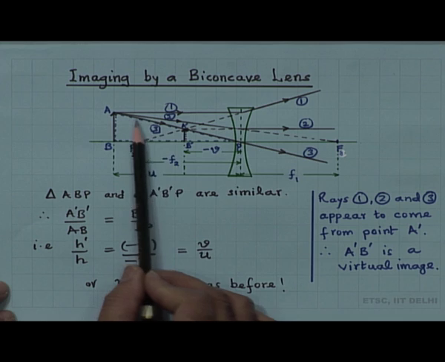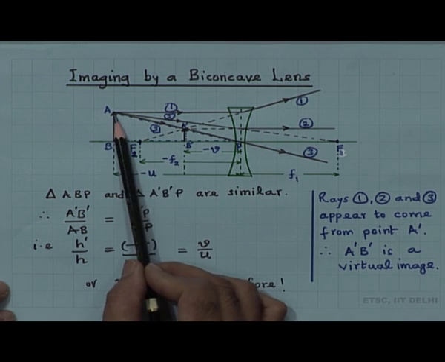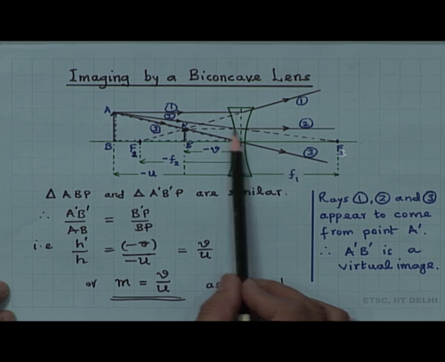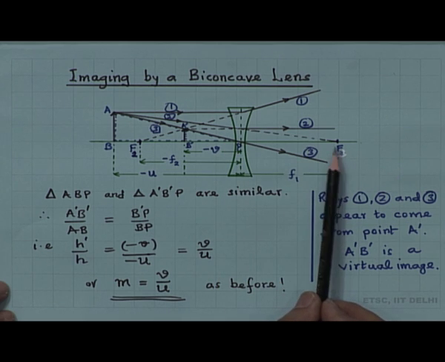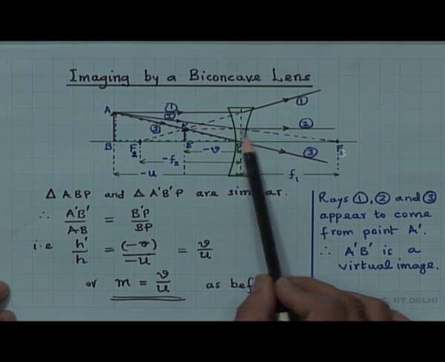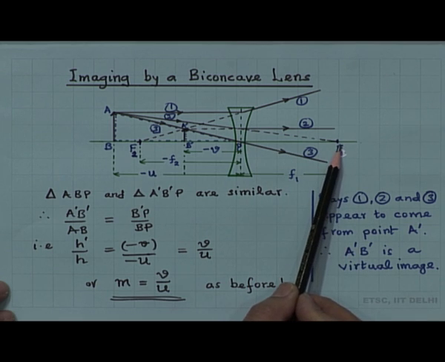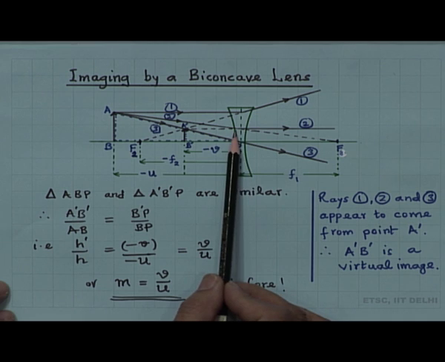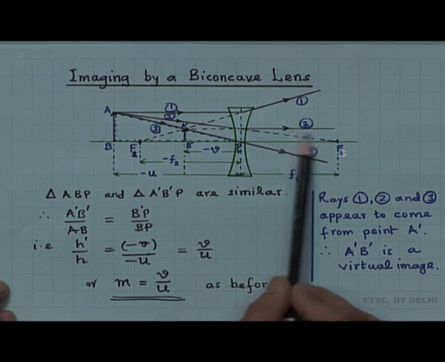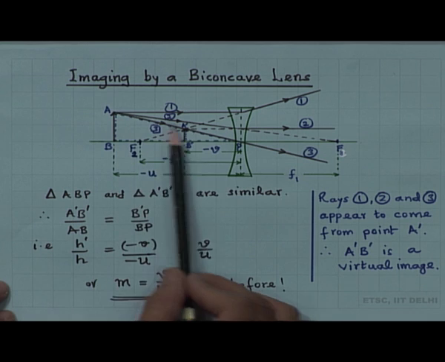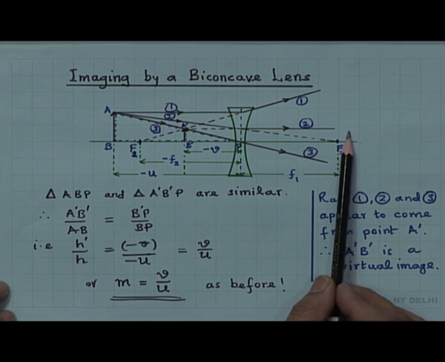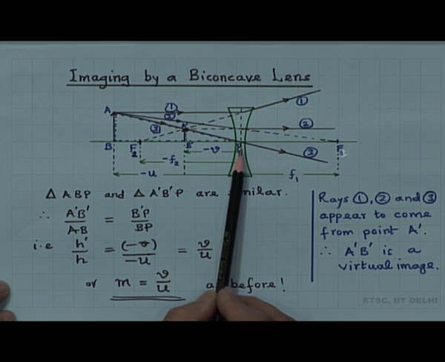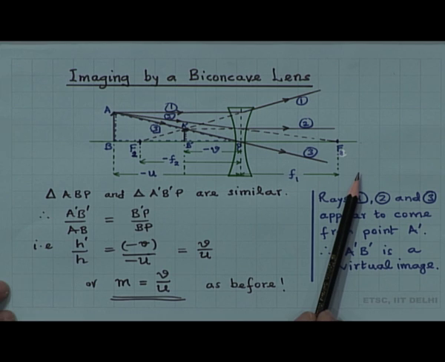A ray which would have gone to this principal focus would be rendered parallel, because if a ray were to start from here, then it would have been rendered parallel. And a ray which is passing through the center of the lens will go undeviated.